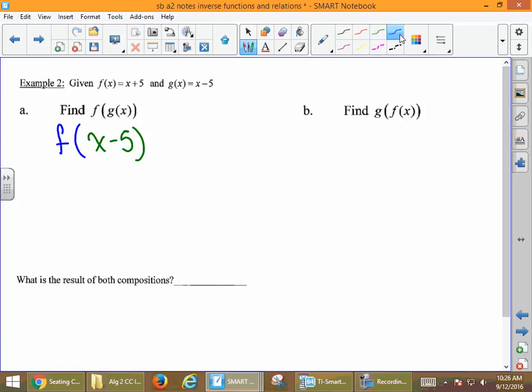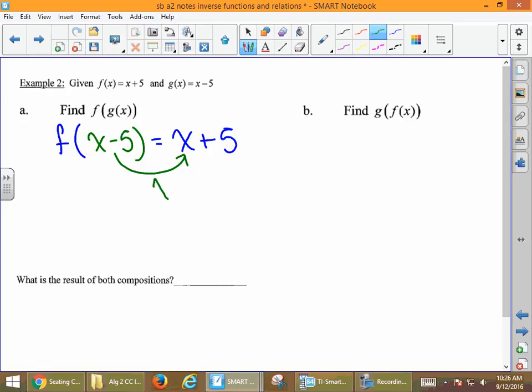And we're going to take that value of x minus 5 and put it back into our f function wherever we see x. So let's replace it back in here for the x.